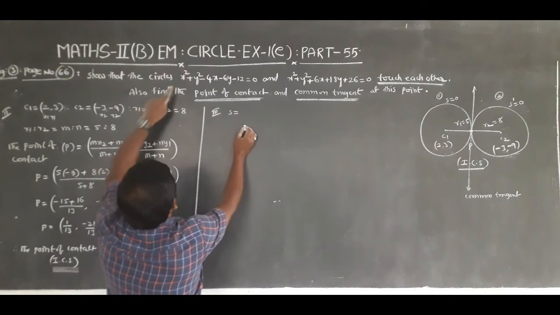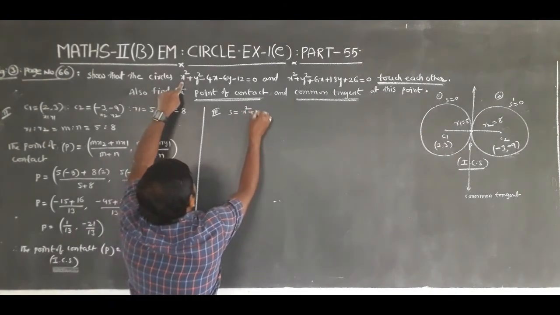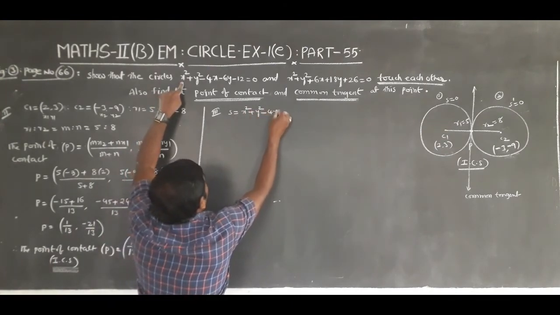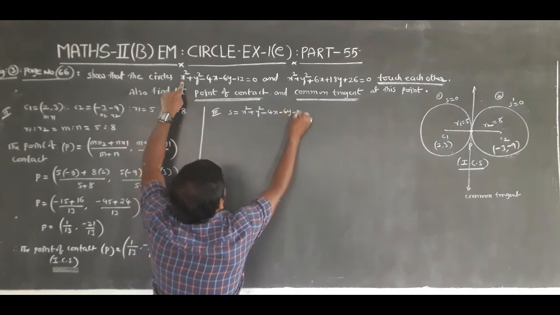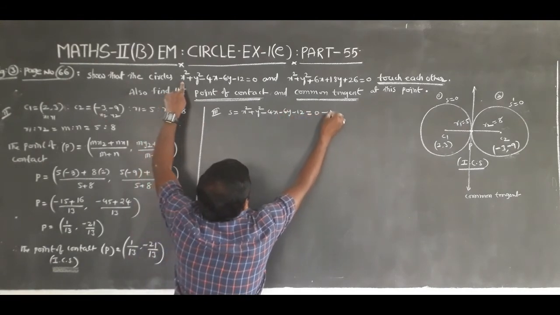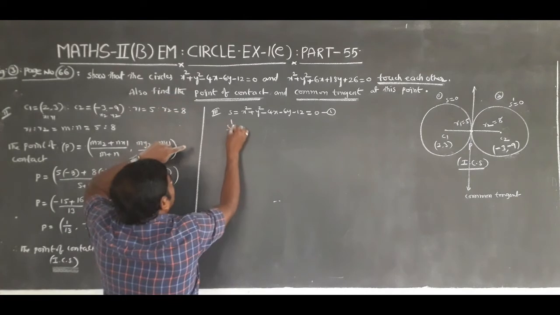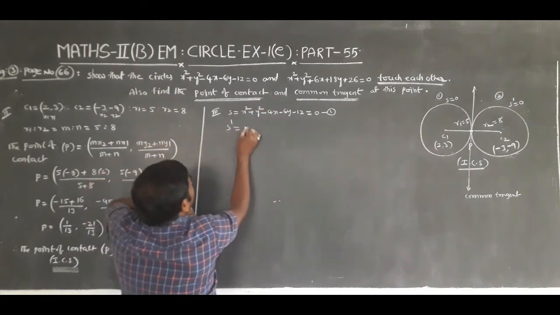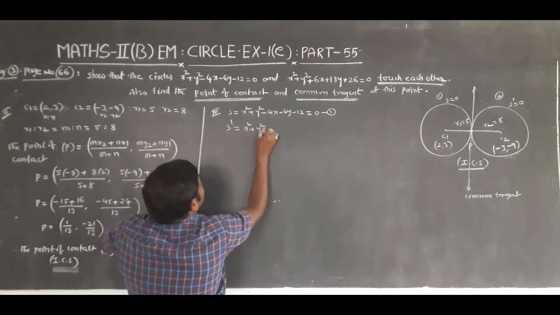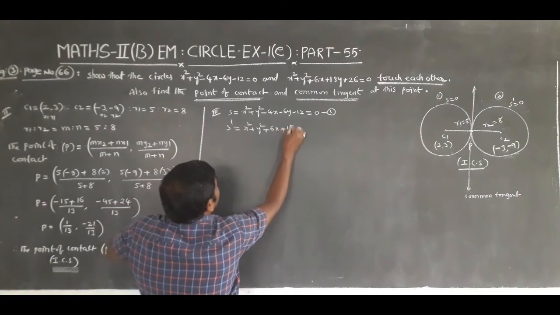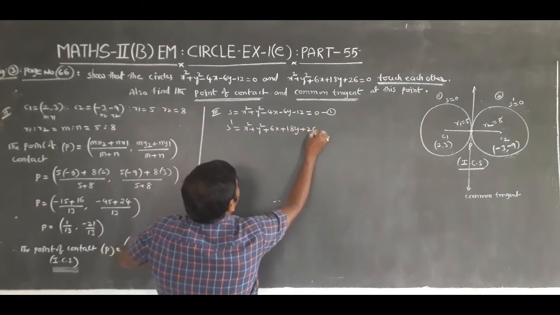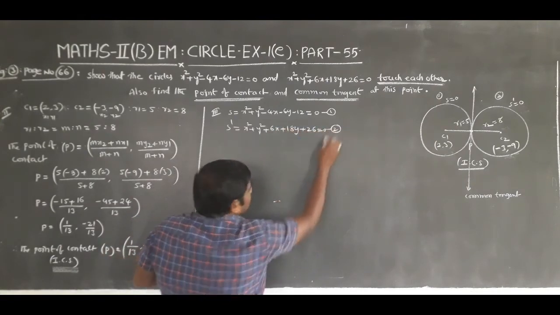The first circle is x square plus y square minus 4x minus 6y minus 12 is equal to 0. S dash is x square plus y square plus 6x plus 18y plus 26 is equal to 0.